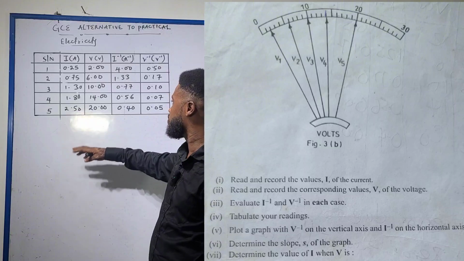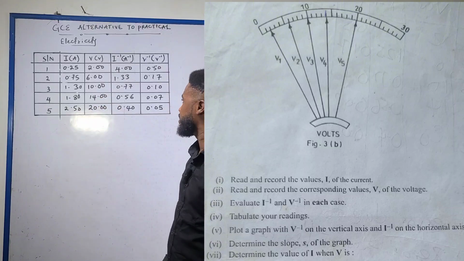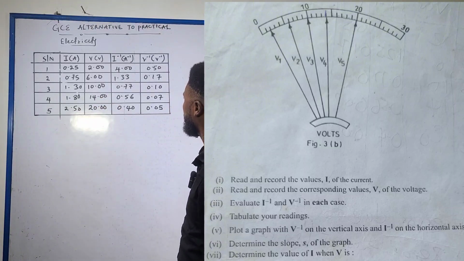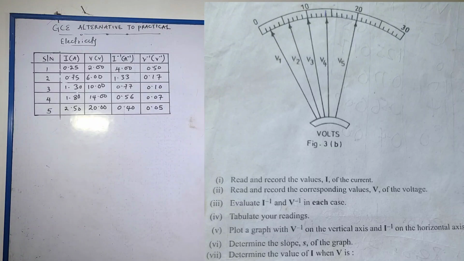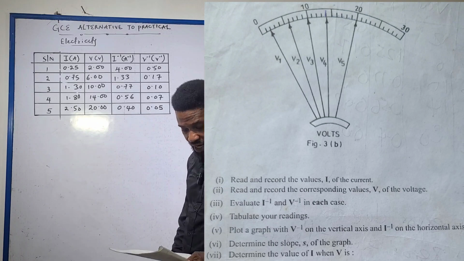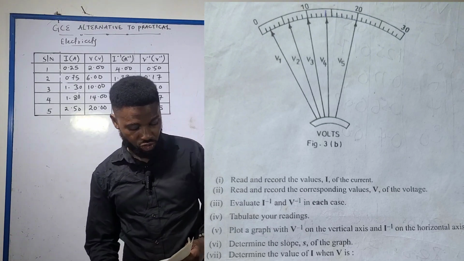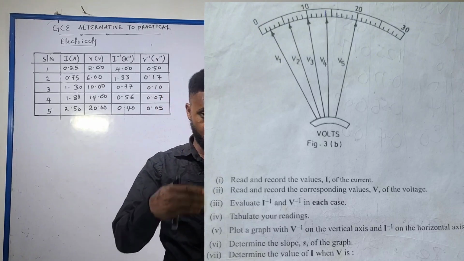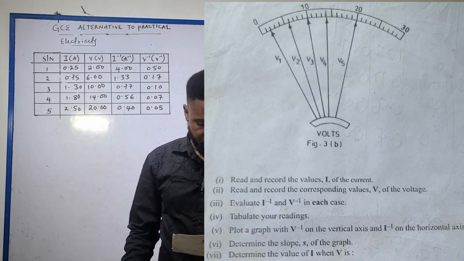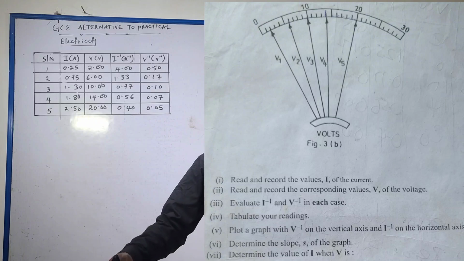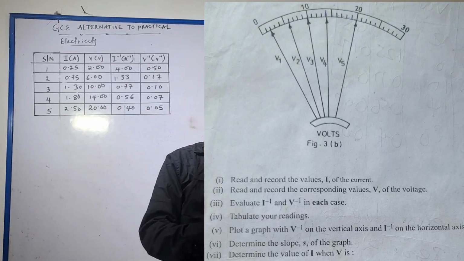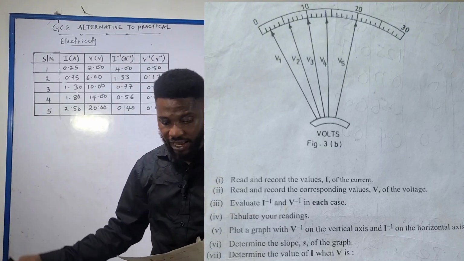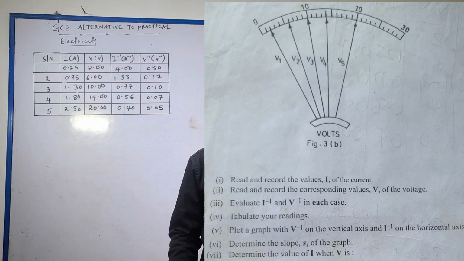For the third one, it points at the 10.00 voltage mark, the fourth one 14 volts, the fifth one 20 volts. That is on question Roman figure 1 and 2: read and record the values of I of the current, and read and record the corresponding values V of the voltage.